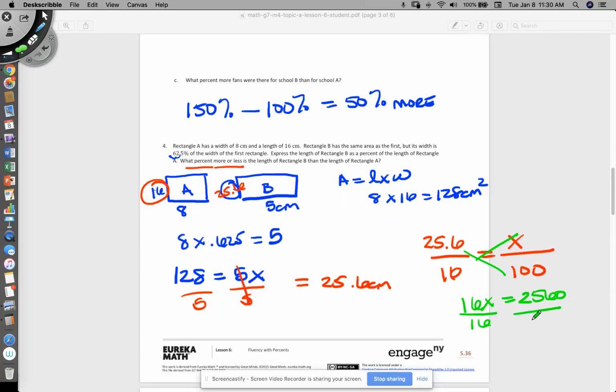Divide out the 16s. Those cancel, and my remaining is going to be 160. So it's 160% more or less, depending on what direction you're going in. This is going less, and this is going more. All right, let's try the next one. I'll meet you on number 5.